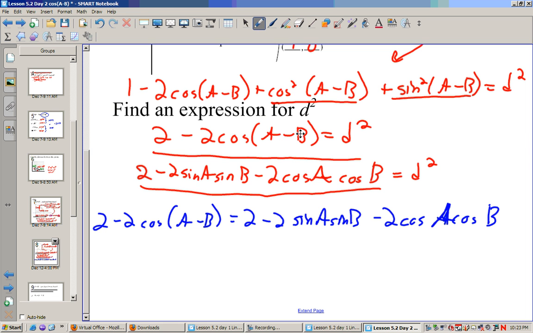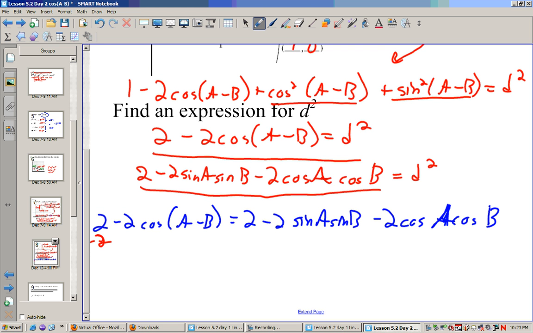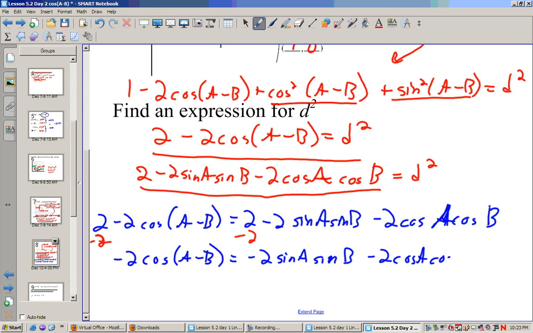So there's a few things we can do. The first thing that I see is I can subtract a 2 out of both sides, leaving negative 2 cosine of a minus b equals negative 2 sine a sine b minus 2 cosine of a cosine of b.